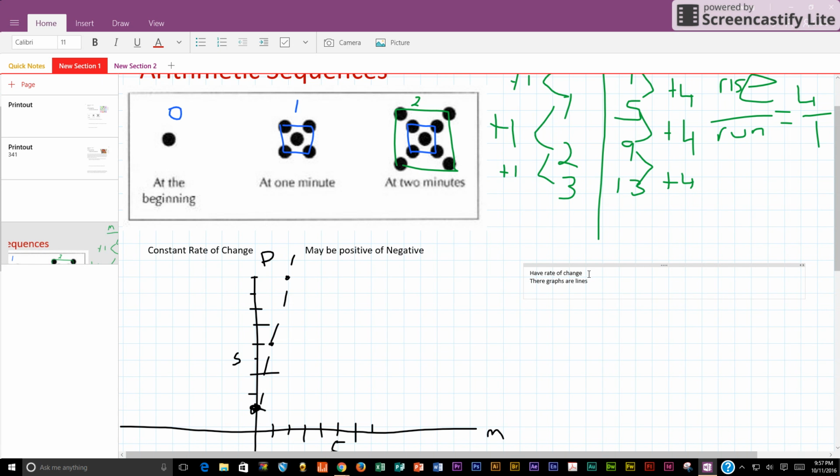When we talk about constant rate of change, we're talking about slope. And the rate of change can be positive or negative.